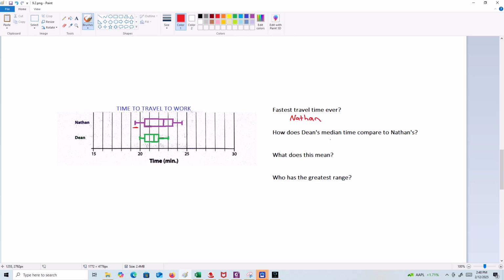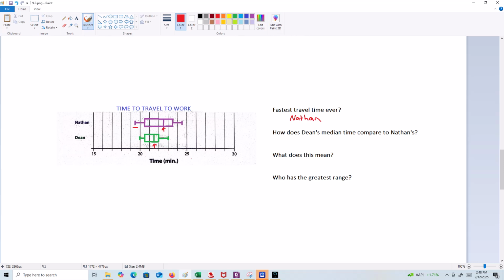But Dean's median time, which is right here, is faster than Nathan's median. Or it's lower than Nathan's median. It's faster.